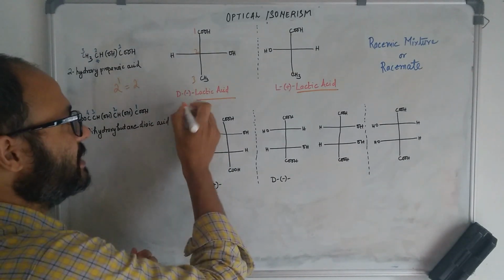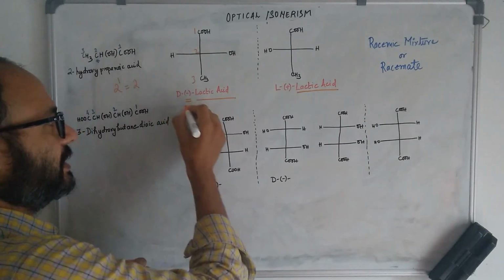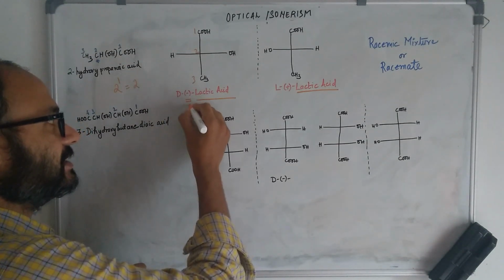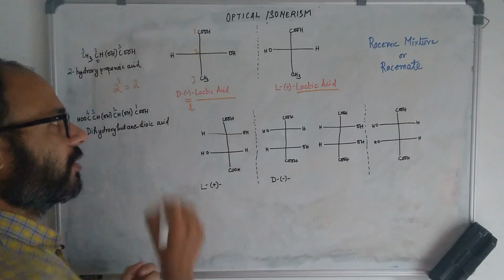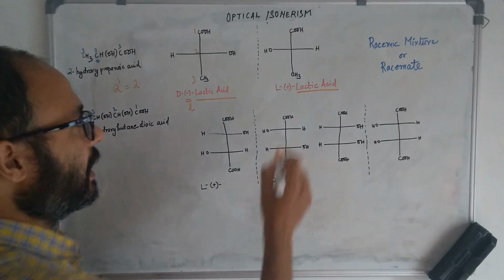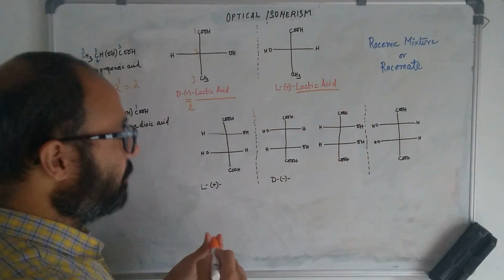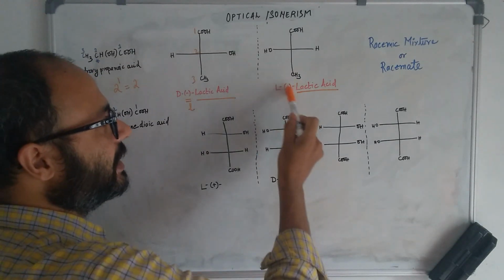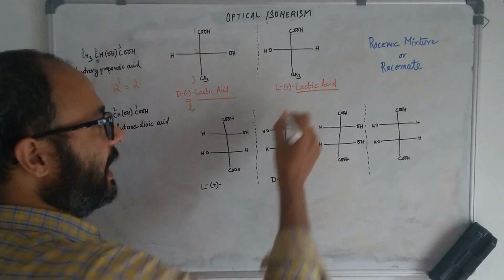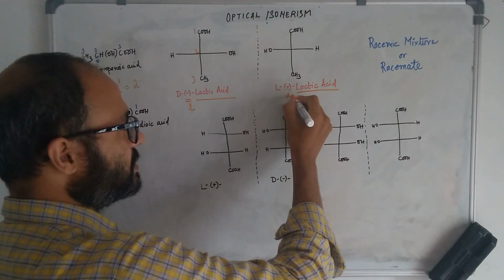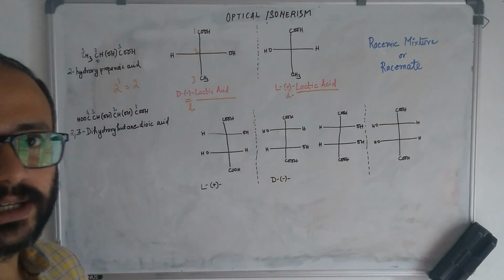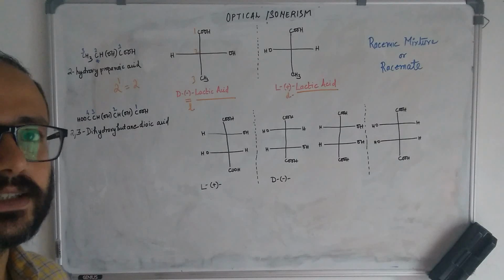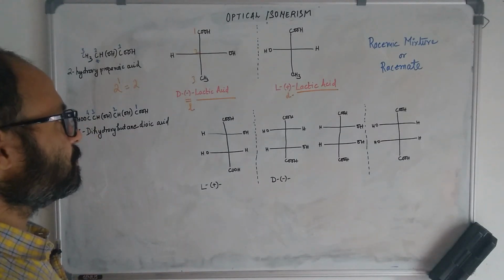That is, this minus sign represents the levorotation. As I told you before in the starting class, this can also be represented by a letter called small l. However, this particular stereoisomer is having a dextrorotatory activity, which can also be represented by a letter called small d. So these things we have already discussed in our previous lectures.